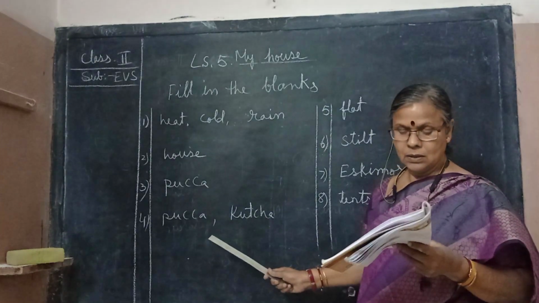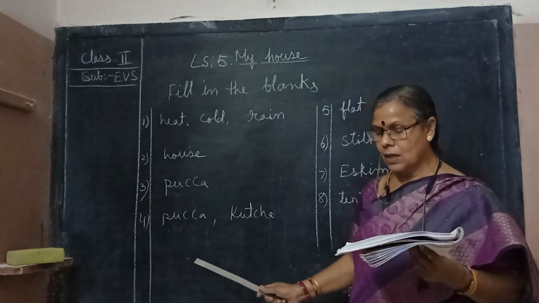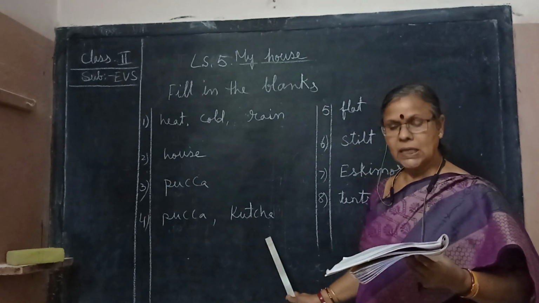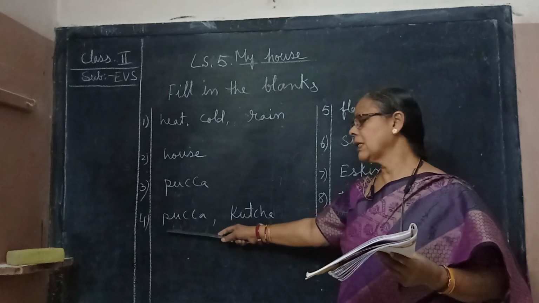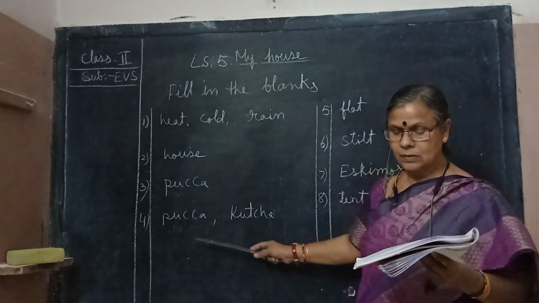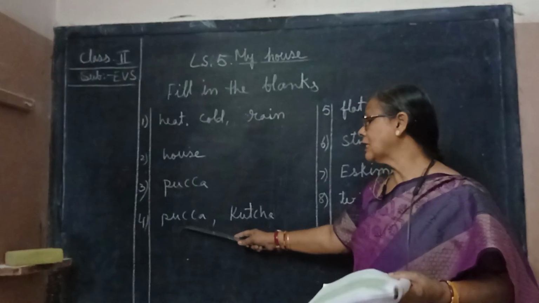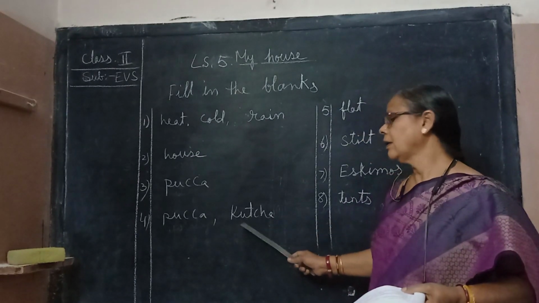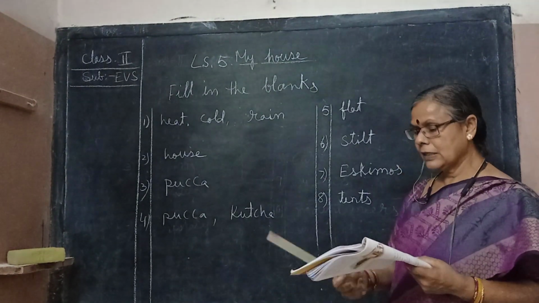Fourth is, a permanent house can be a Pakka or Kacha house. First is Pakka, you have to write, and second is Kacha. P-U-C-C-A. Pakka. K-U-T-C-H-A. Kacha.